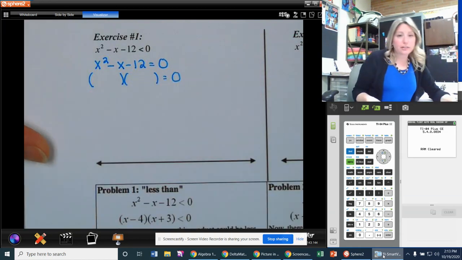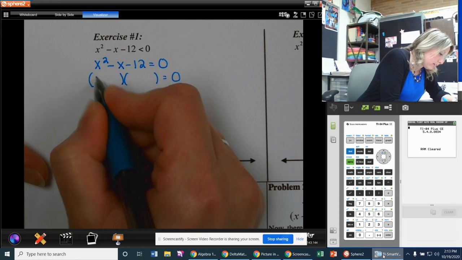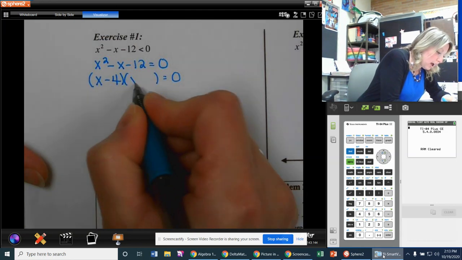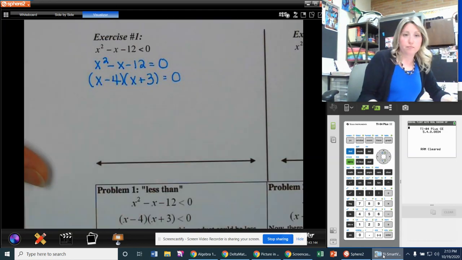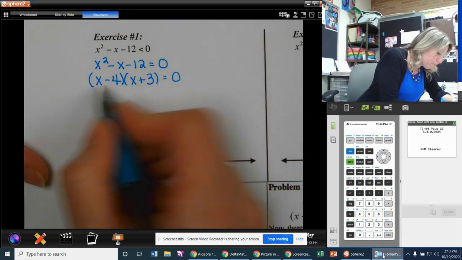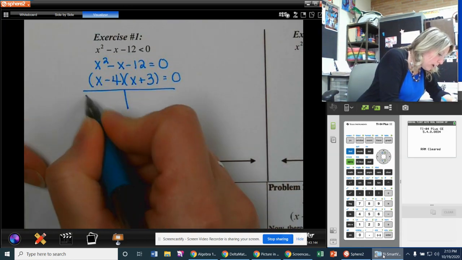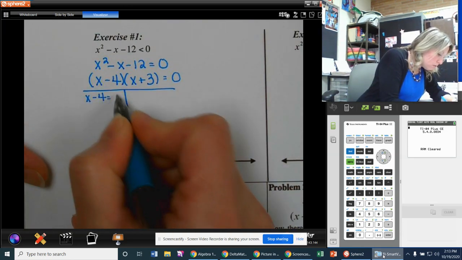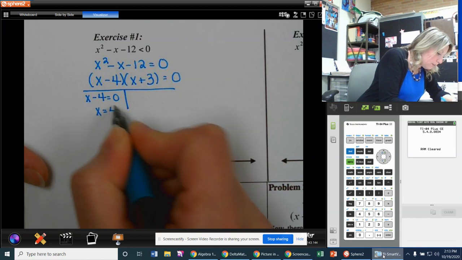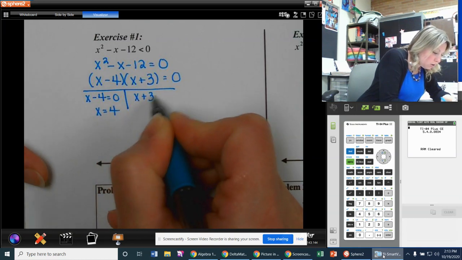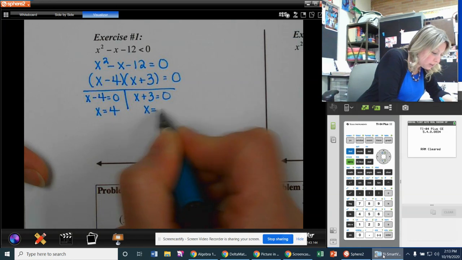So what are the factors of 12 that subtract to give me a negative 1? Well, that would be x minus 4 and x plus 3. Okay, then I t-chart, set each factor equal to 0, x equals 4, and x plus 3 equals 0, so x equals negative 3.